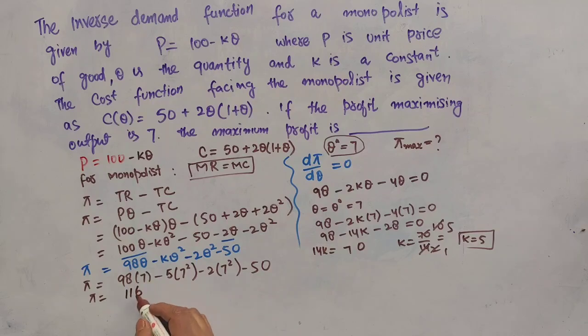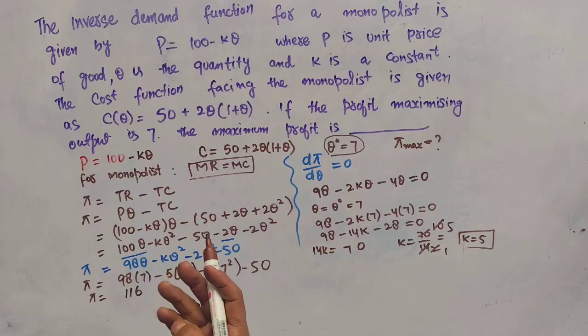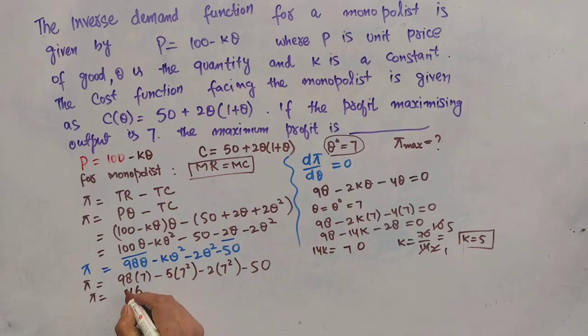Sorry, 7 8s are 56, 7 9s are 63, 64, 65, 66, 67, 68. 9 7s are 63, so we got here 68.